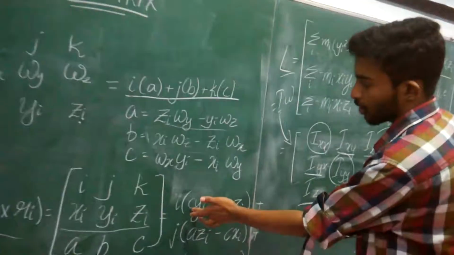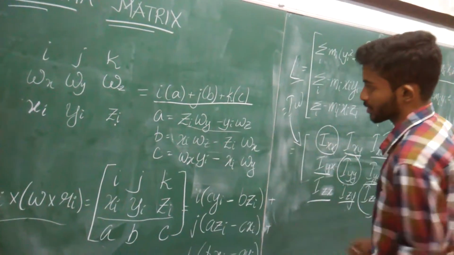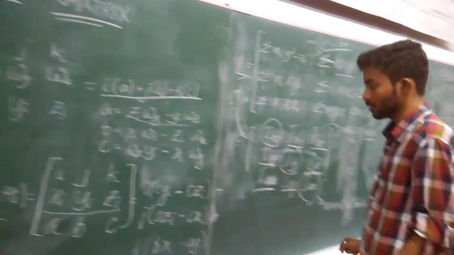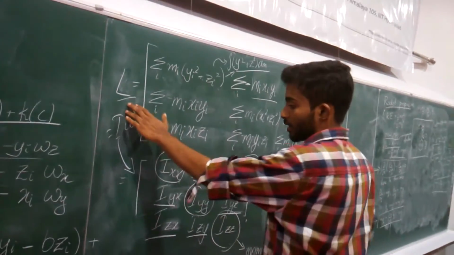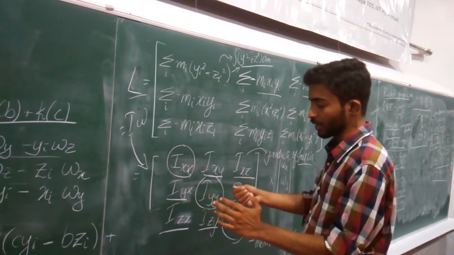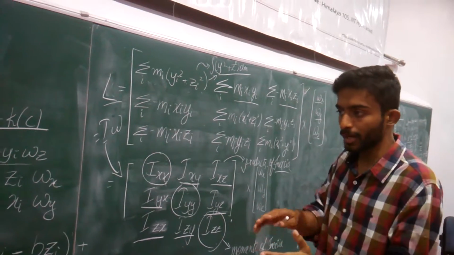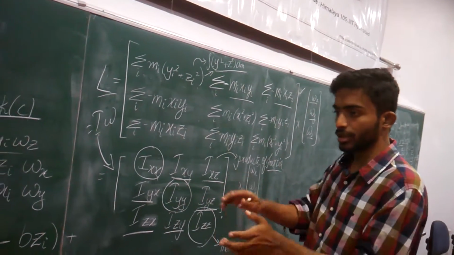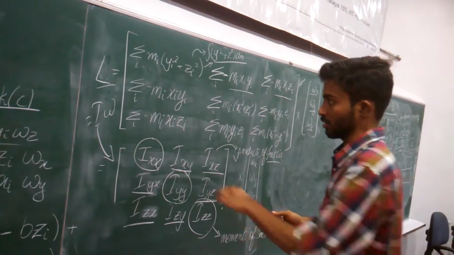Now substituting a, b, c in this equation from the above equations, and taking out omega x, omega y, and omega z, we transform the linear equation into matrix notation again.